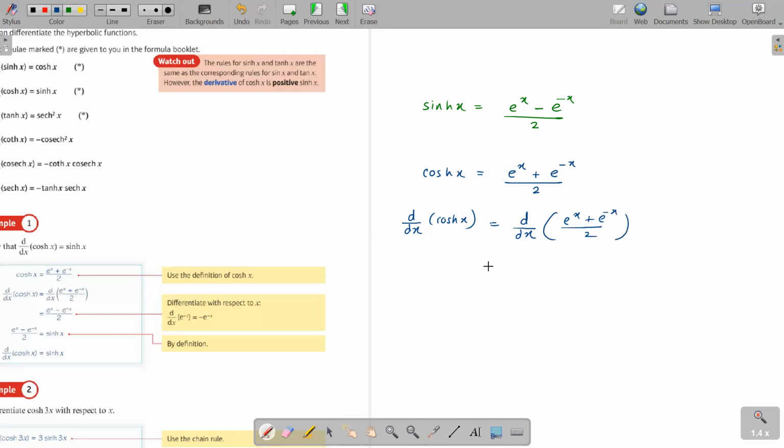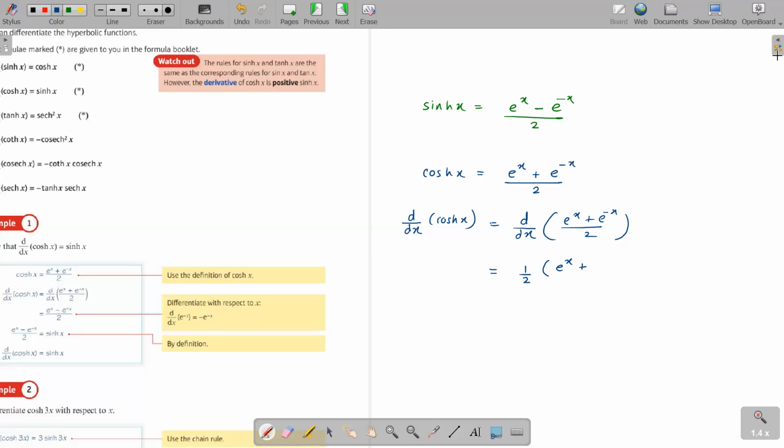You can see this denominator 2 is a constant. It's basically a half. If you want, you could take the half out and differentiate the inside, e^x plus e^minus x. What happens when you differentiate e^x? The differentiation of e^x is simply e^x.